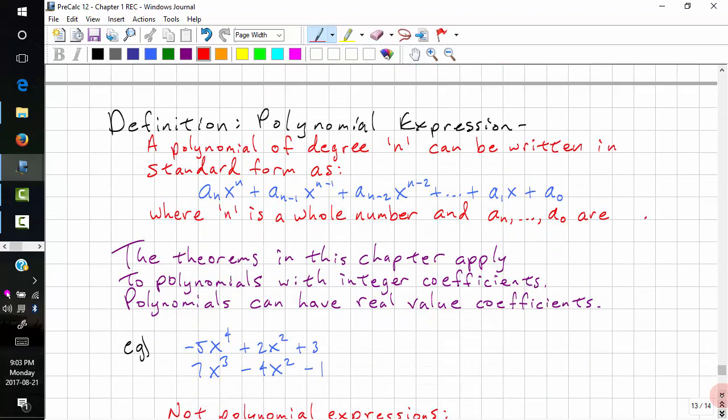And just so you're clear, I don't think we've covered the definition of a polynomial expression.